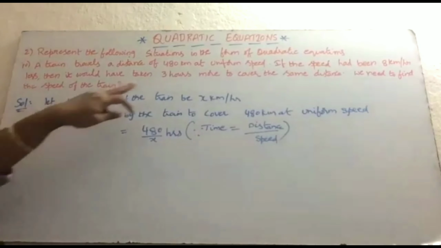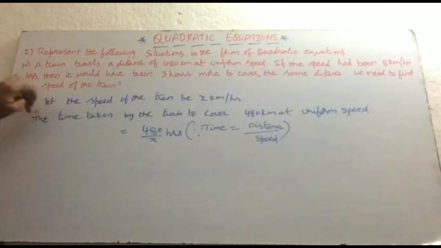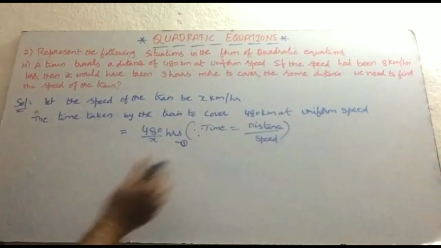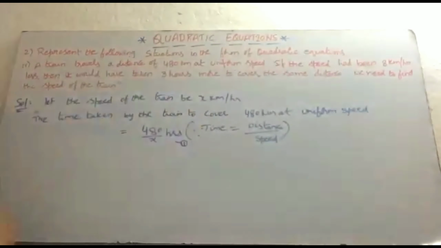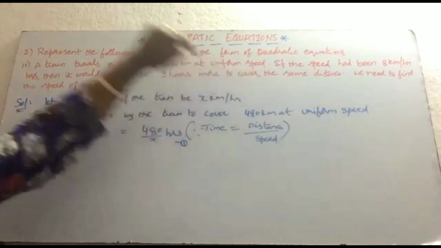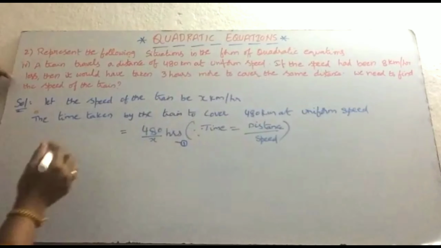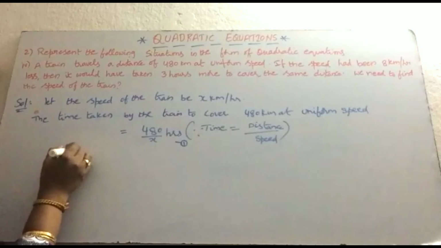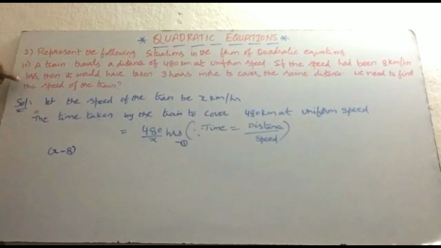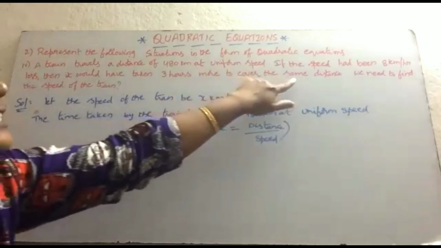And next, if the speed had been 8 km per hour less, then it would have taken 3 hours more to cover the same distance. That means the speed is x minus 8. When the speed is x minus 8, it would have taken 3 hours more to cover the same distance.